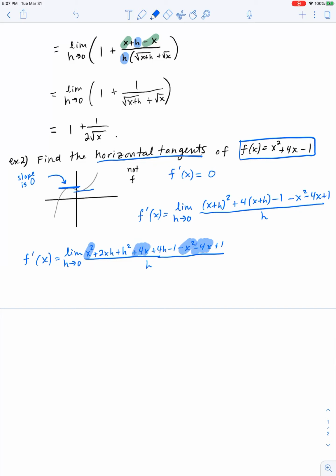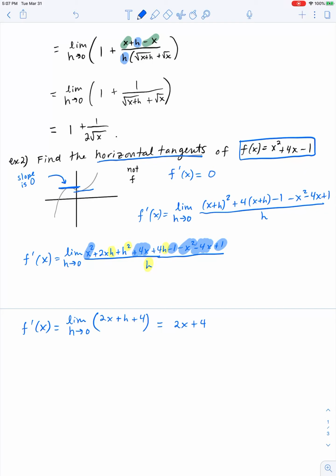Everything left has an h in it, so we can divide by h and eliminate the h in the denominator. What we get is 2x plus h plus 4. And when we let h go to 0, we just get 2x plus 4.